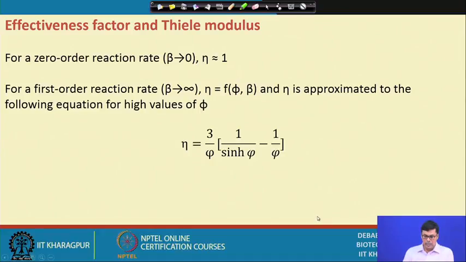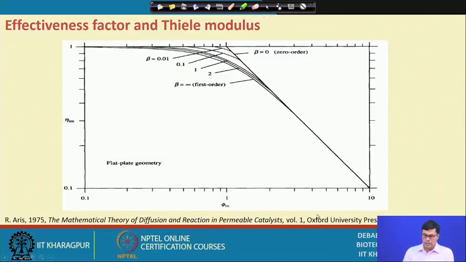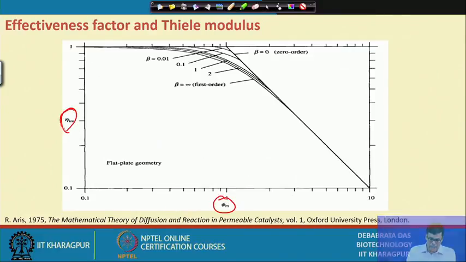Now we can write that in case of 0 order reaction, beta tends to 0, then eta equals 1, that I shall explain to you, and eta can be correlated with Thiele modulus in this particular equation. This graph tells us the correlation between eta and phi value. This is Thiele modulus and this is effectiveness factor.